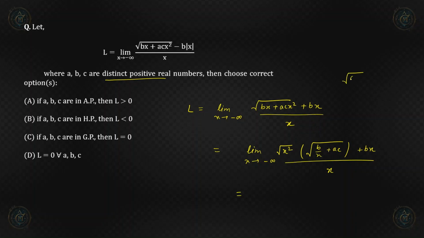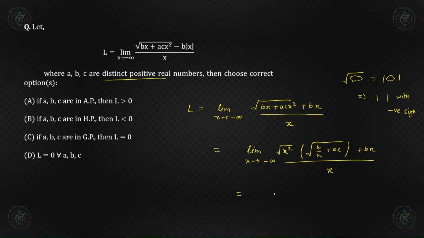We know root under of something is equal to mod of that thing, right? So we can say this will simply open with a negative sign. Why? Because x is tending to minus infinity. So x is a negative number, but we need this mod to be a positive quantity, so we just put a negative sign in front of it. So root of x square will be minus x, as x is a large negative number.